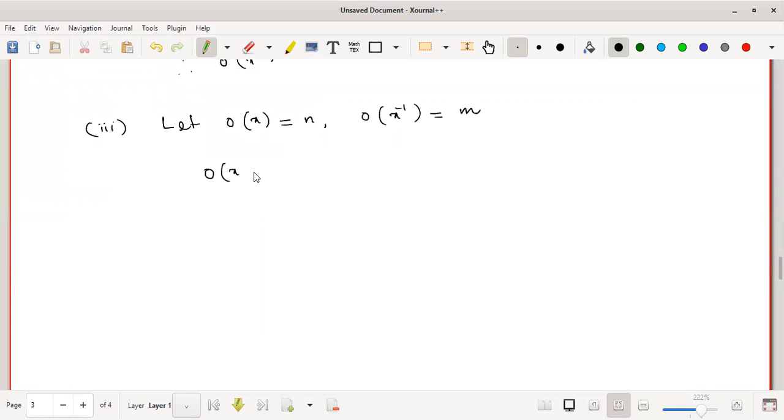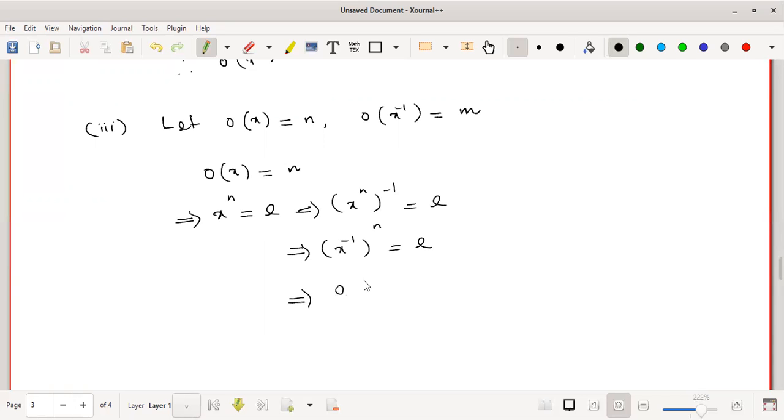Now the order of x equal to n implies x to the power n is identity. This implies (x to the power n) inverse is identity. This implies (x to the power minus 1) whole to the power n is identity. This implies the order of x to the power minus 1 is less than or equal to n, and this implies m is less than or equal to n.